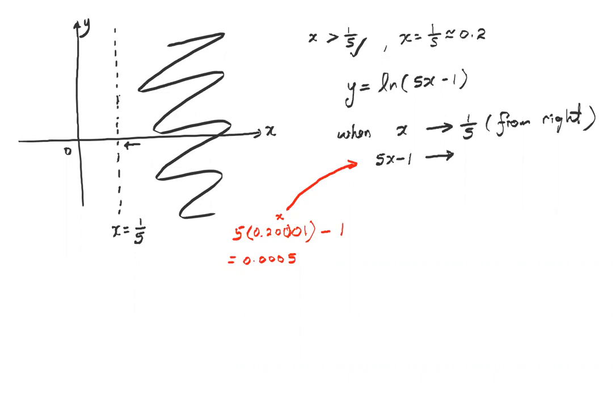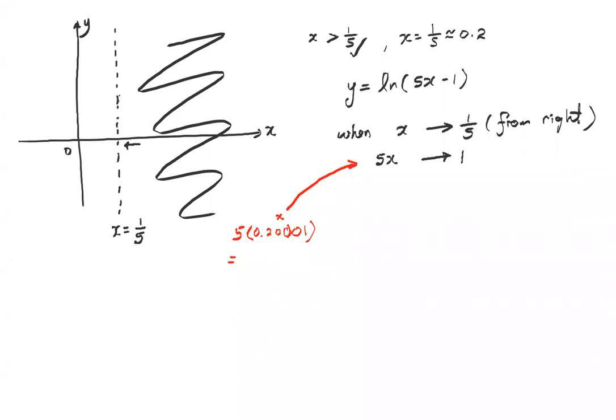Let me jump one step. I jumped one step already. Let me try not to jump a step. So you tell me what will happen to 5x. Will approach what? 1. Thank you. Let's talk about 5x first, instead of 5x minus 1.